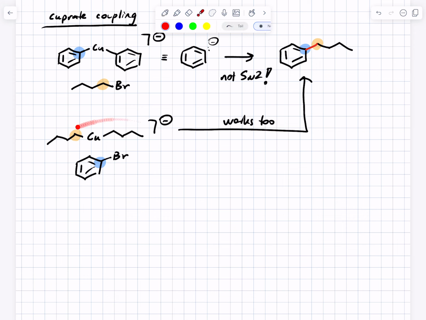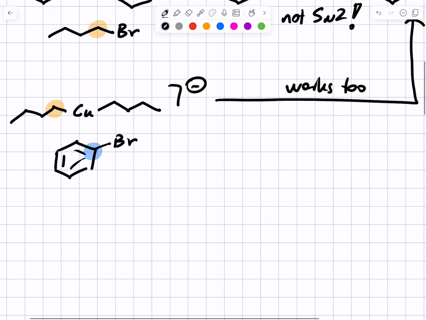Now, why does this example below rule out SN2? Go ahead. Because we can't do backside attack on that BR group. Right, so an sp2 hybridized carbon bonded to a halide, especially with the benzene ring, backside attack in an SN2 reaction would require you to actually get into the middle of the benzene ring. You simply can't.